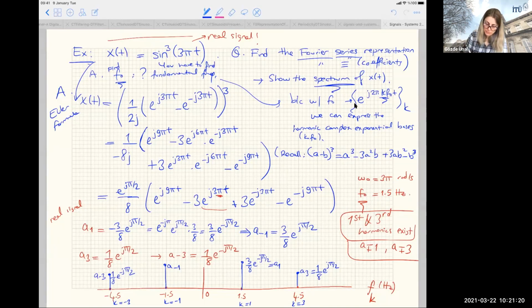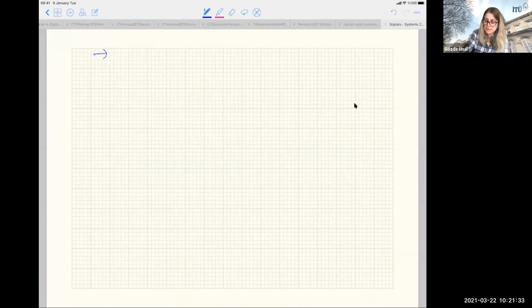So this is the spectrum of x of t. If you were actually asked about the Fourier series coefficients of this signal, you would say the AKs are 0 for k not equal to 1, minus 1, 3, minus 3.